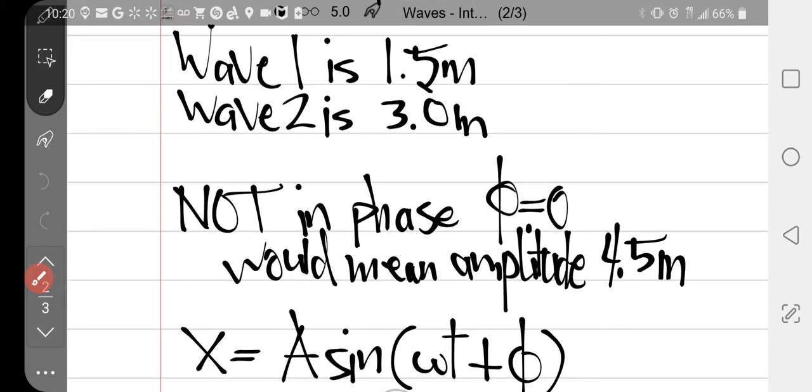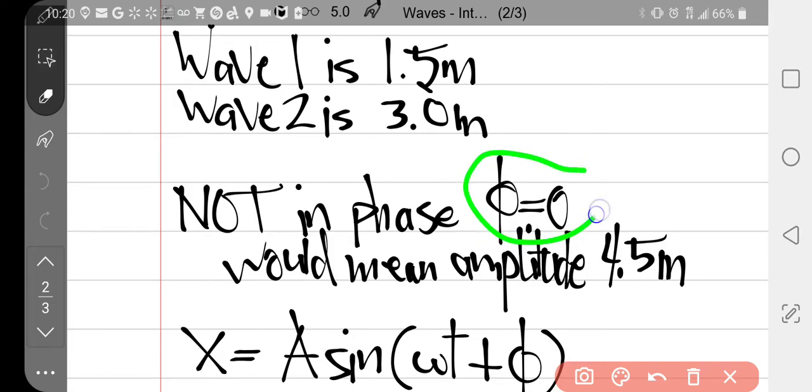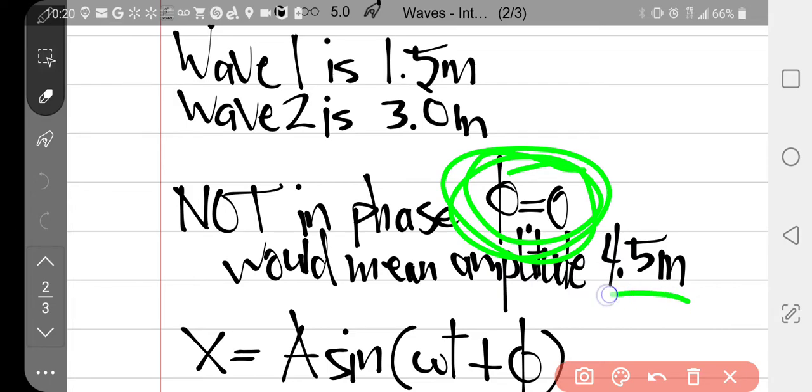Right off the bat, we know that if our total wave is 2 amplitude, that means it can't be 0. Phase angle phi cannot be 0 because your total amplitude would be 4.5. Just a sanity check: if your phase angle in the end gets to be 0, you know something's up.